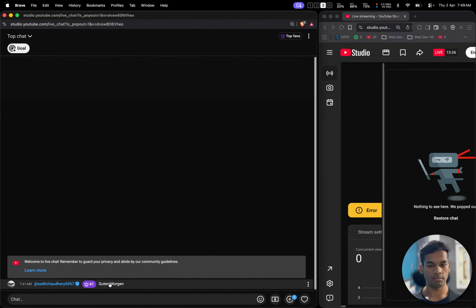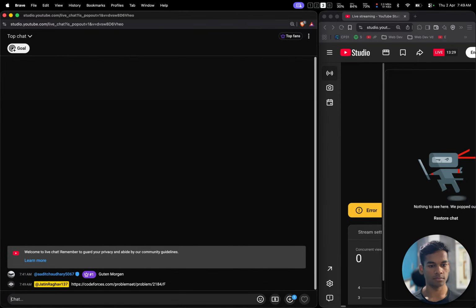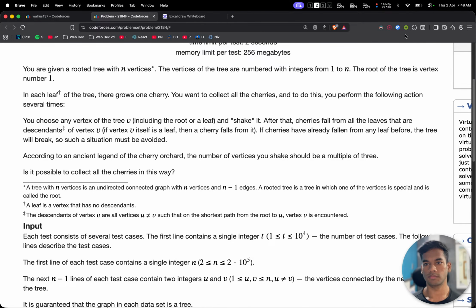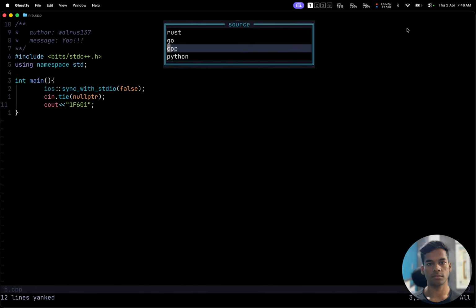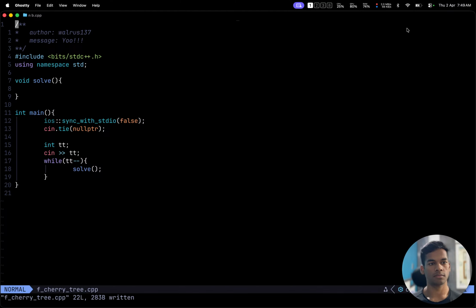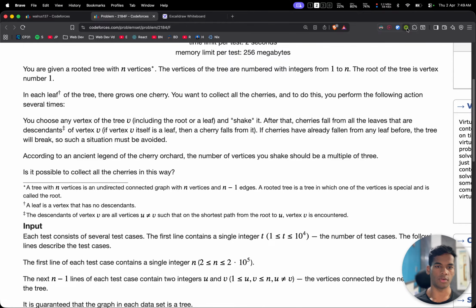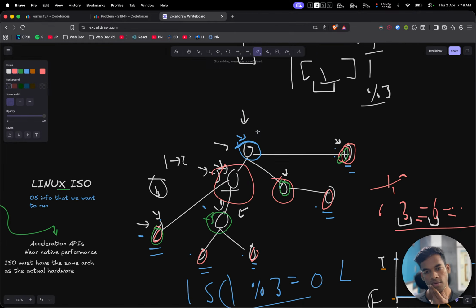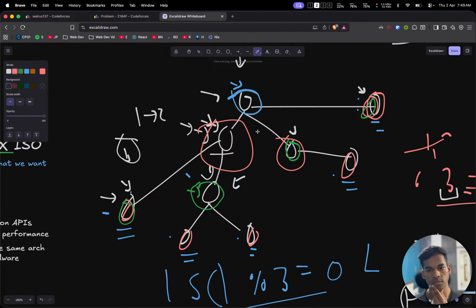And this is the problem. Let's take the input. No. Okay, we can dissolve these nodes. We can dissolve these nodes.